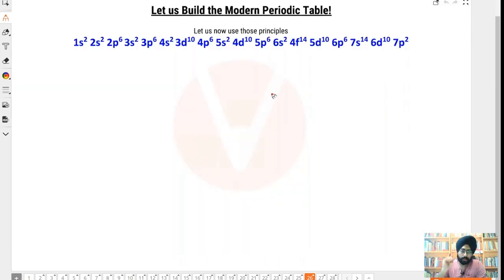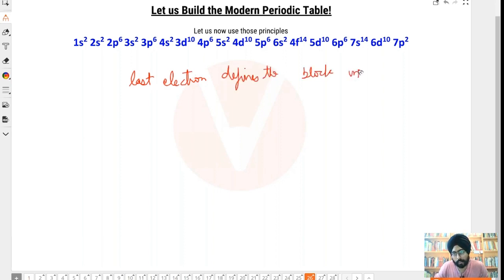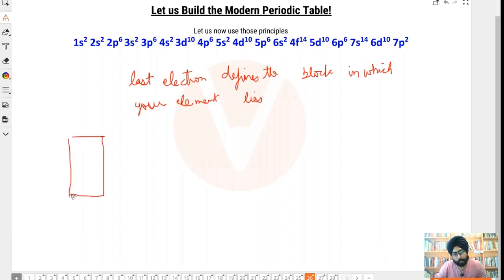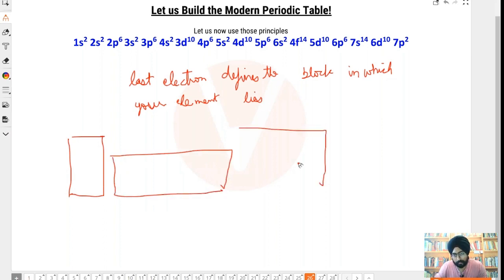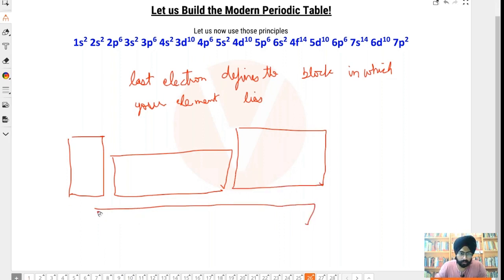So now the funda behind the periodic table is that the last electron defines the block in which your element lies. In the periodic table you have these particular 4 blocks, as you already know, and you have a lanthanide series block over here.